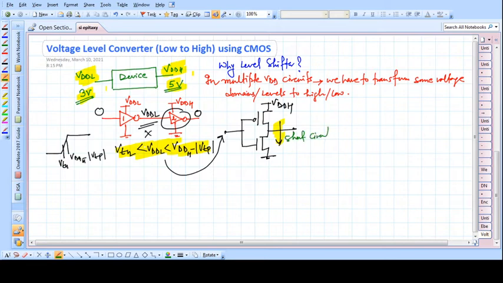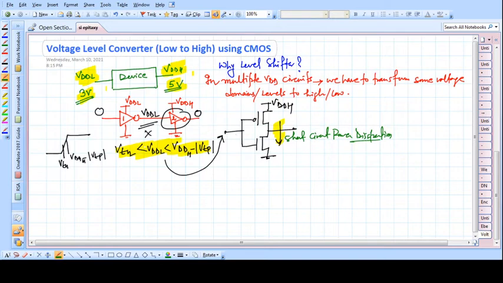I already discussed the short circuit power dissipation. You can check my earlier video for it. I will share my link for this purpose. So this one is the case.